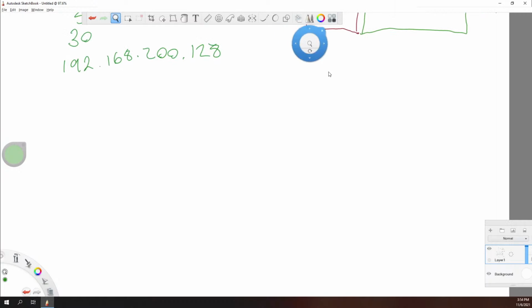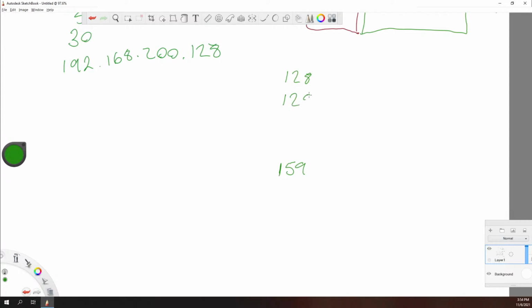All right. So then we continue on, and it asks us the first available host and the last available host. Well, if we know all 0s is 128, and we know that all 1s, the last available address, is 159, well, the stuff goes in between there.